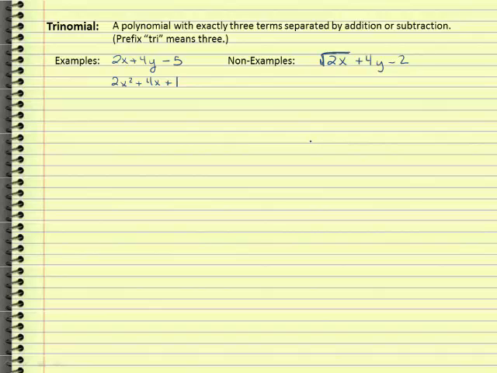We can't have variables in the denominator. We can't have 3 terms where they're not all separated by addition and or subtraction. So this would be 1 term because it's multiplied. So this would actually be a binomial, not a trinomial.